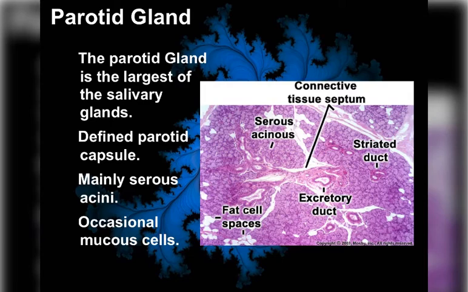But sometimes you may find occasional mucus cells. That's why sometimes they refer to it as mainly serous. It's fine if you call it completely serous because the vast majority of the secretory end pieces, the secretory cells, are serous.